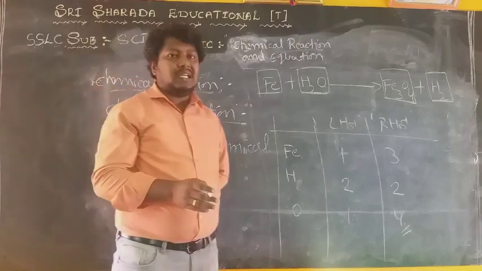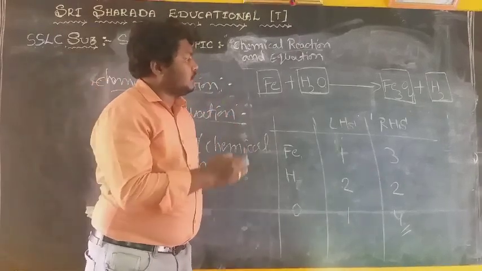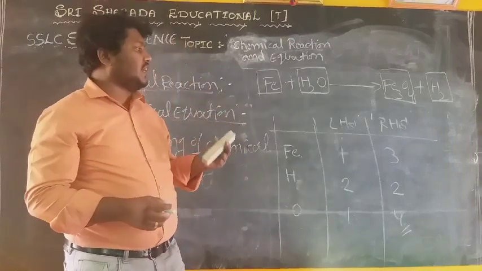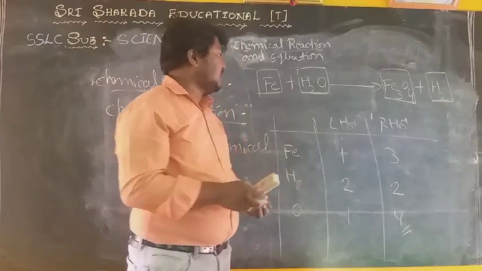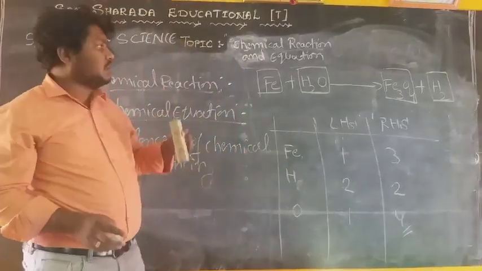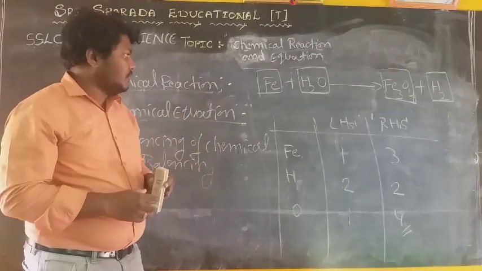By multiplying, we can balance the equation. It is just like a trial and error method. There is no formula for balancing equations. It is just a trial and error method.